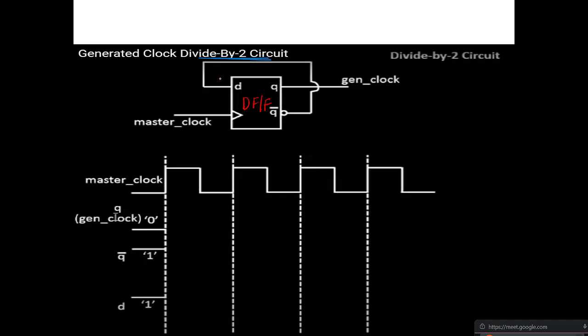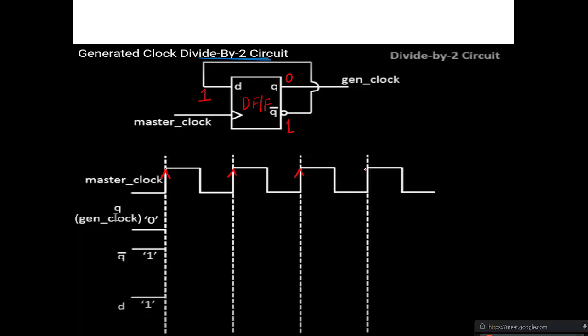So what happens? Initially Q is 0, so Q bar becomes 1. Q bar is connected to D, so D equals 1. This is the initial state. During the passage of clock, it will trigger.